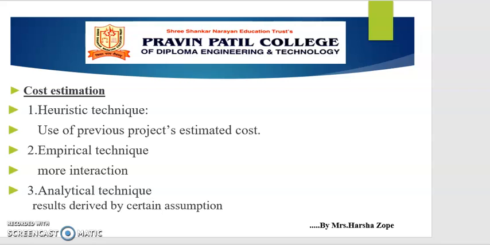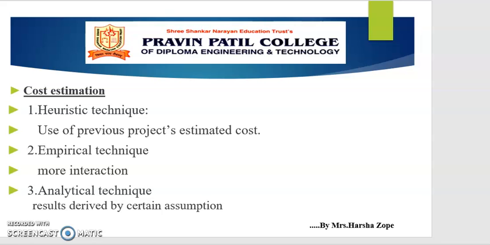The process is as follows. The coordinator presents a specification and an estimation form to each expert. The coordinator calls a group meeting in which the experts discuss estimation issues with the coordinator and each other.